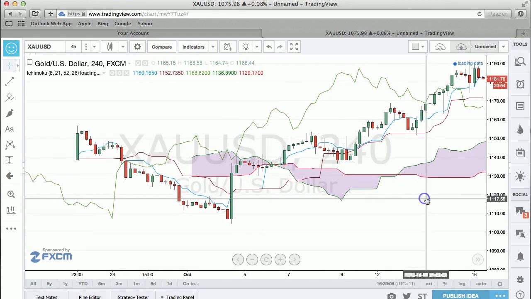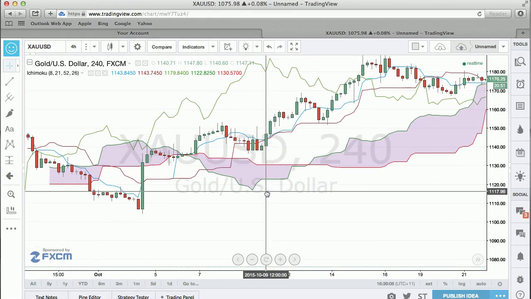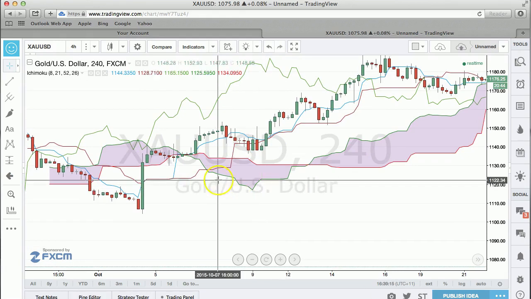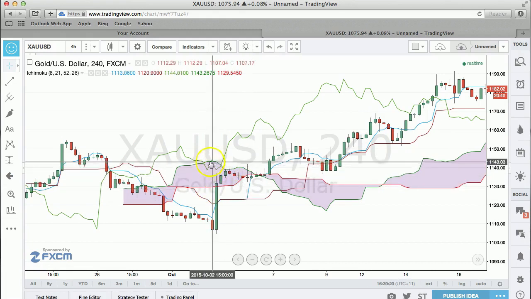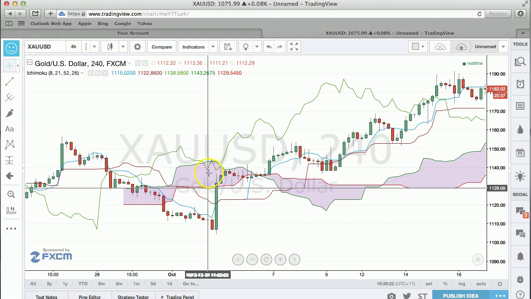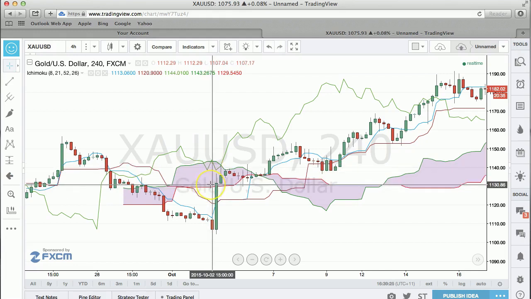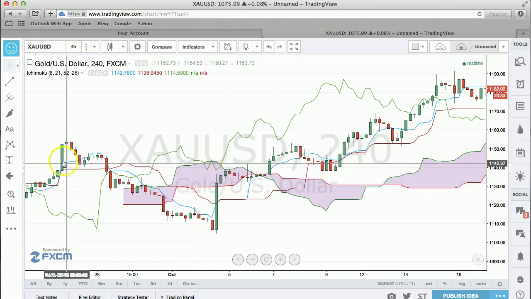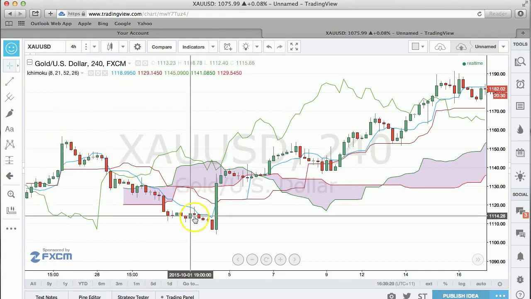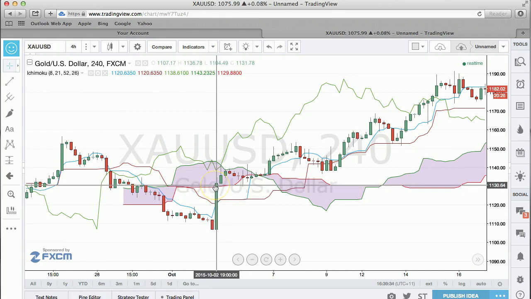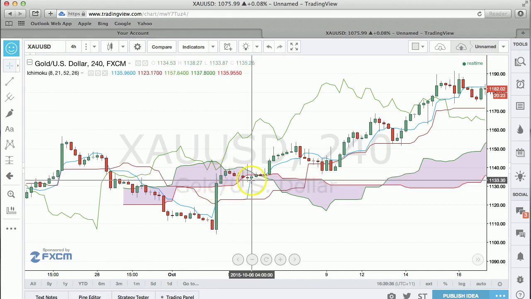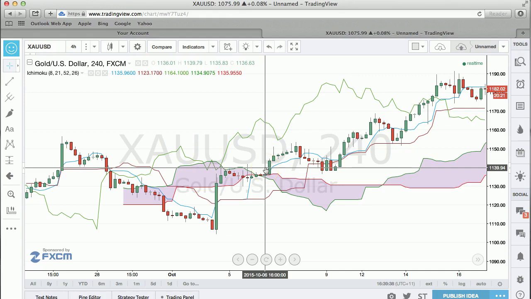So now we're going to take a look at how the Ichimoku cloud can act as potential support and resistance areas. One thing I want you to note is that when the cloud is thick, such as you'll notice right here, that means that if price is in a bearish movement and it approaches the cloud, there's a chance of it reversing before it breaks above the cloud.